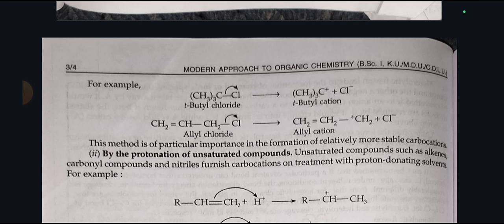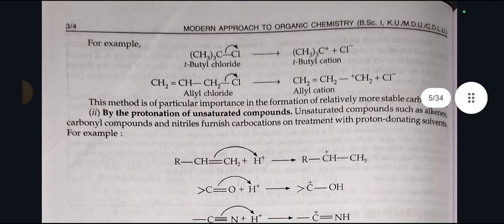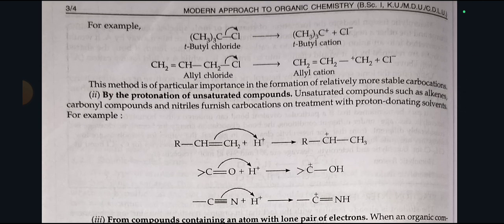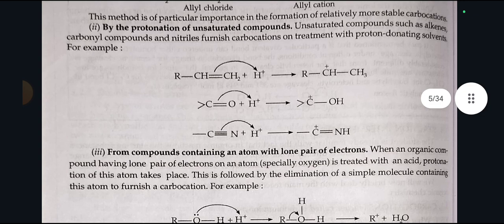CH2=CH-CH2-Cl, allyl chloride, gives CH2=CH-CH2 positive plus Cl negative, the allyl cation. This method is of particular importance in the formation of relatively more stable carbocations.